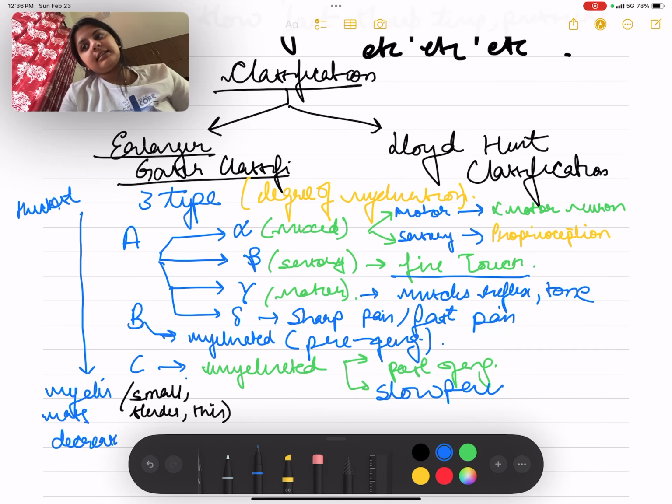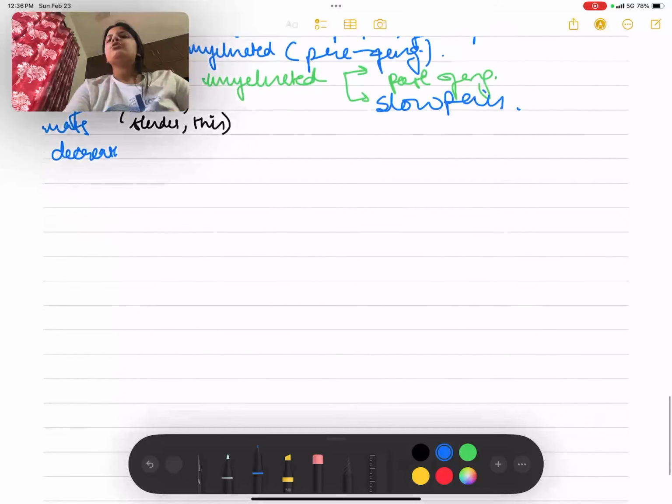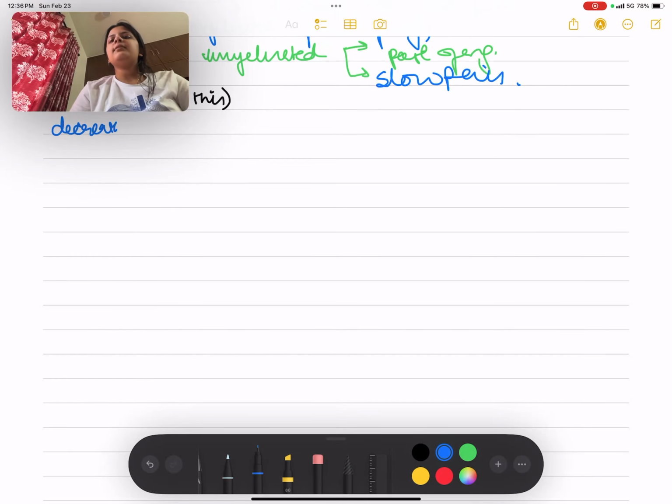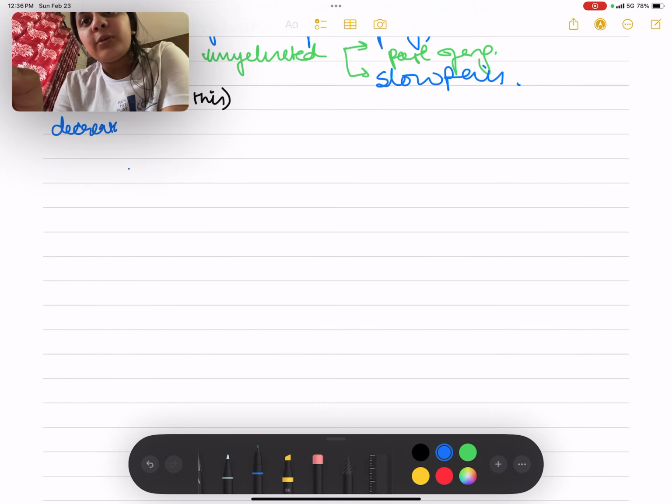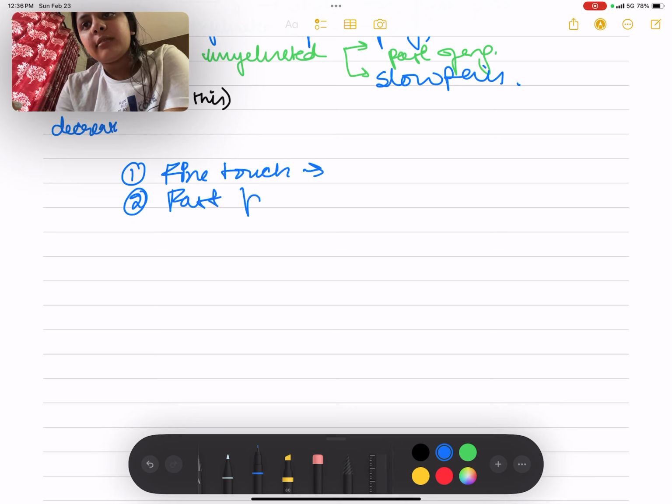So, I think we are completed with the types of nerve fibers. You should know which is the fiber for fine touch, fast pain, slow pain, preganglionic and postganglionic.